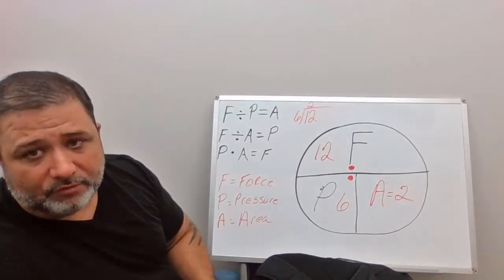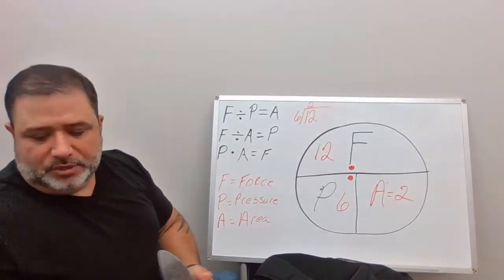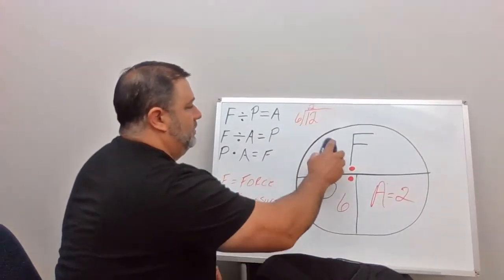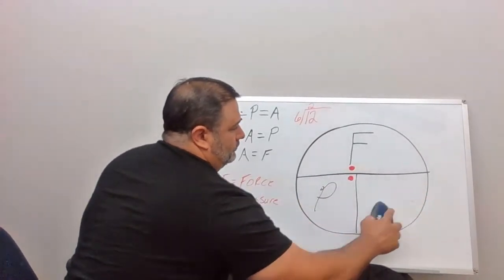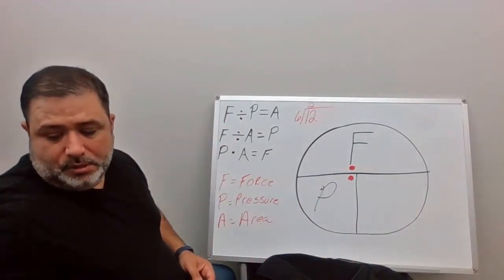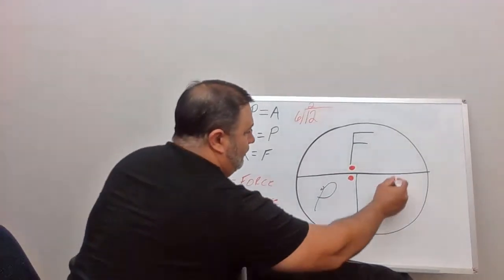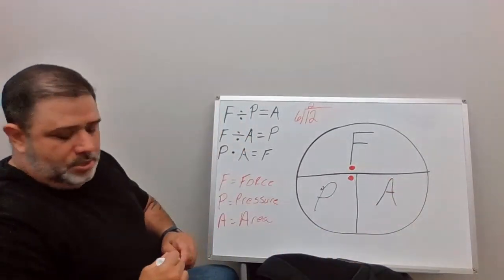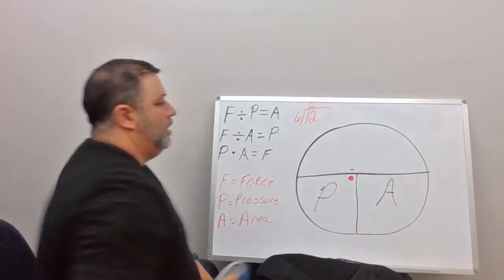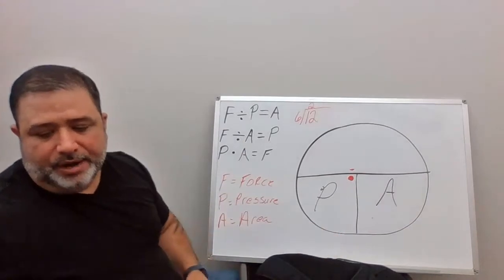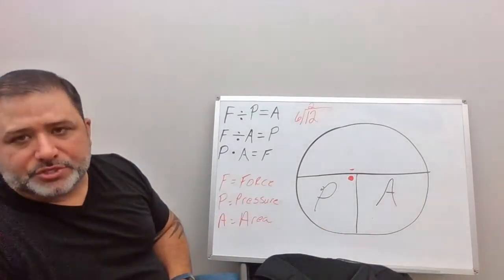Now, what if we don't know our force? What do we do if we don't know our force? So let's get rid of all this stuff here. All right. Now we don't know our force. We know our pressure, we know our area. How do we find force?